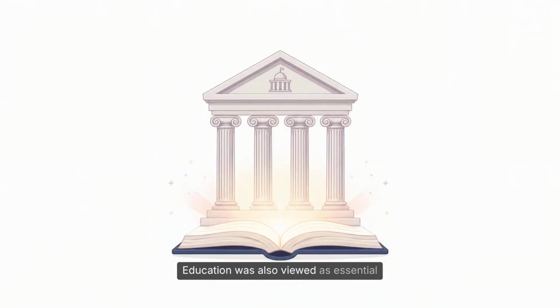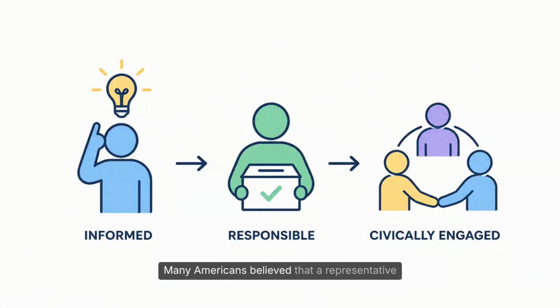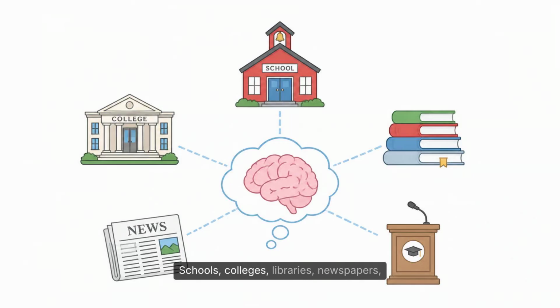Education was also viewed as essential to Republican government. Many Americans believed that a representative system required informed, responsible, and civically engaged citizens. Schools, colleges, libraries, newspapers, and public lectures therefore played an important role in shaping civic knowledge and national consciousness.